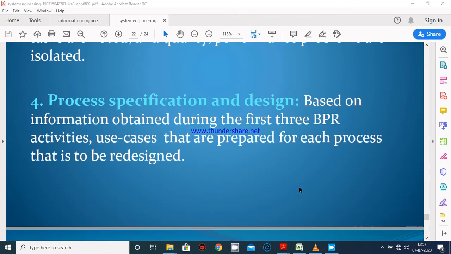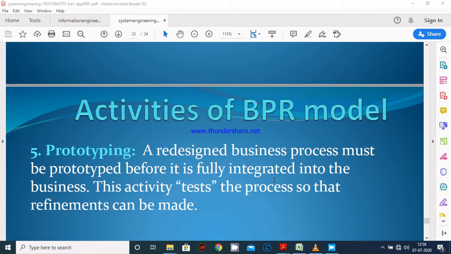Next one is process specification and design. Based on information obtained during the first 3 BPR activities, use cases are prepared for each process that is to be redesigned. Next one is prototyping. The redesigned business process must be prototyped before it is fully integrated into the business. This activity tests the process so that refinements can be made.